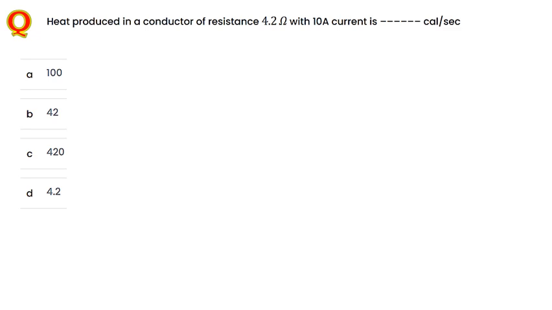I just mention here, according to Joule's law of heating, H is equal to I square R into T, where they have already given this one, heat production per second.